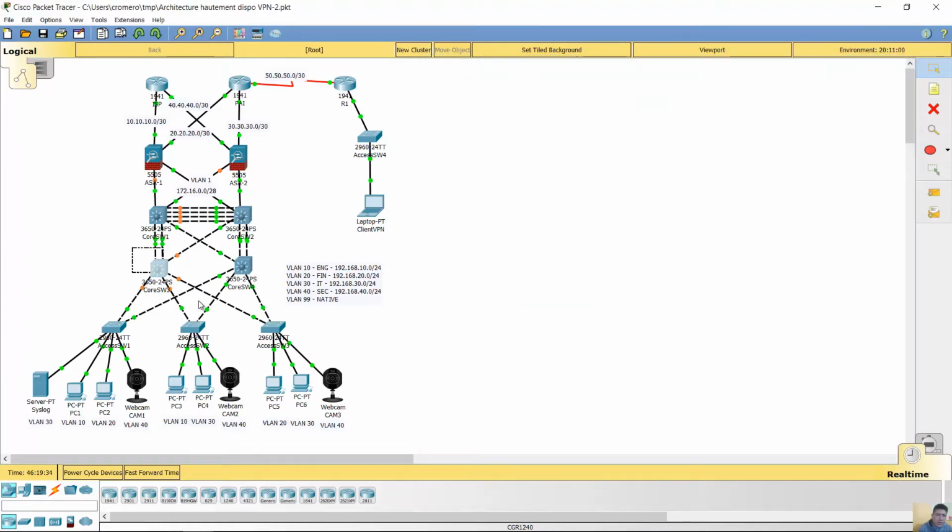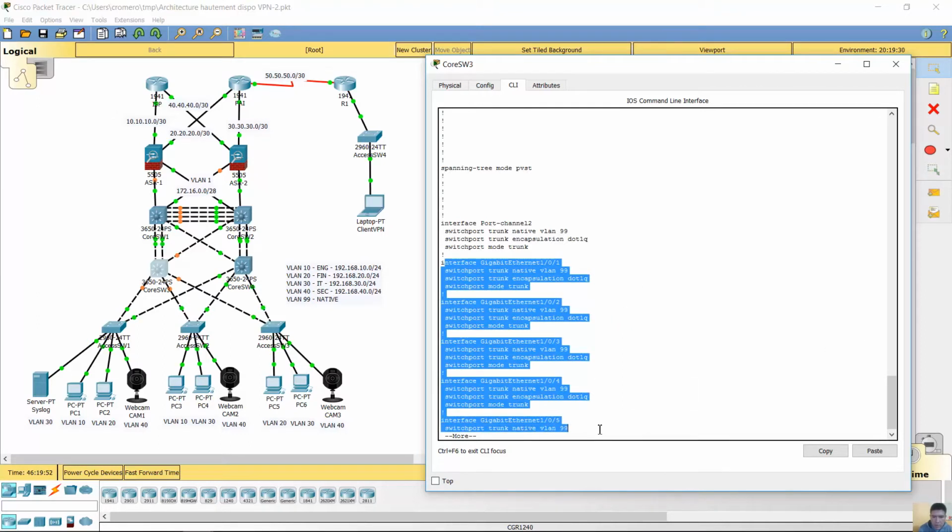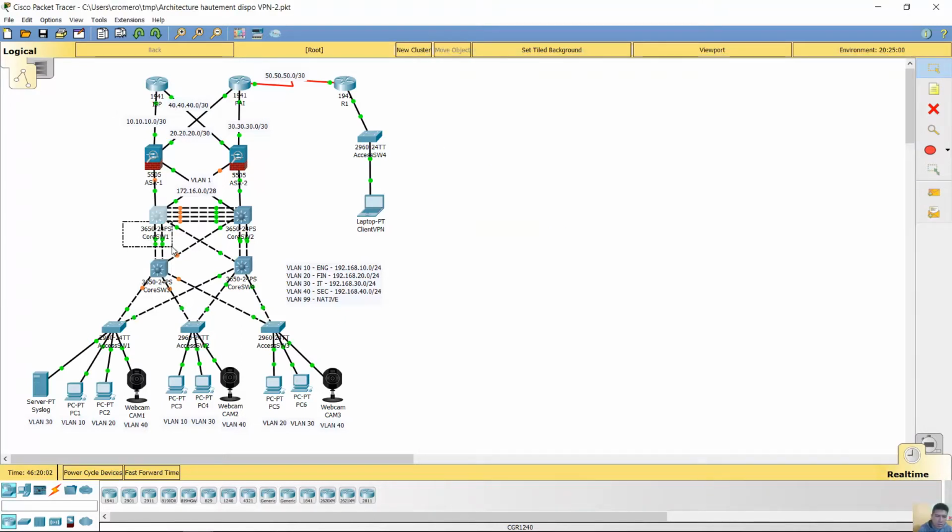All ports on this core switch are trunks, using the native VLAN 99. These are the trunk ports, but this port channel is the EtherChannel.